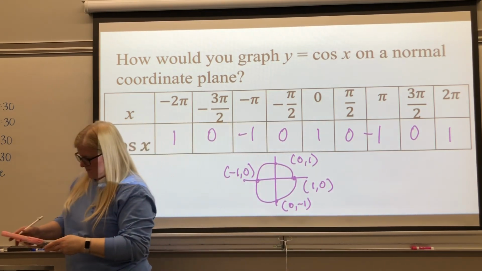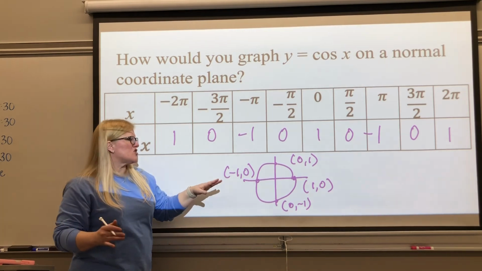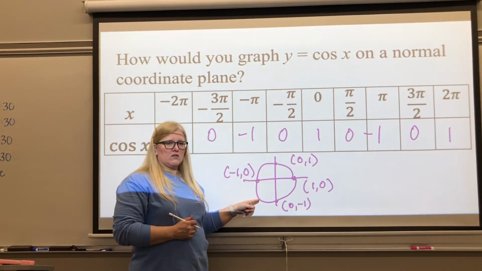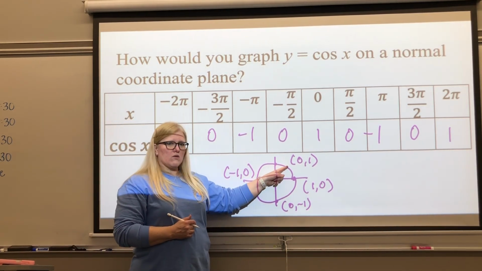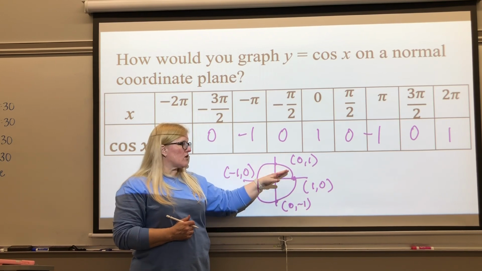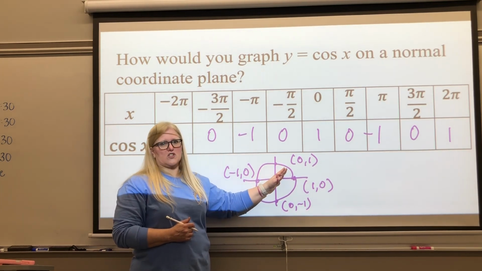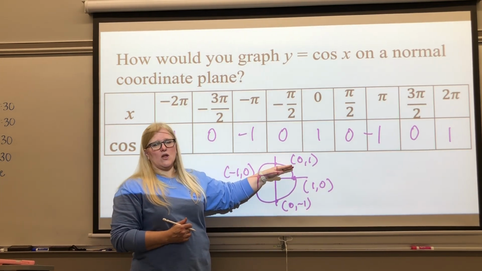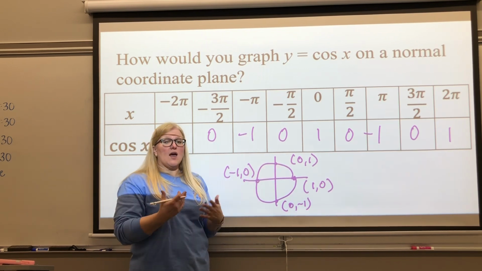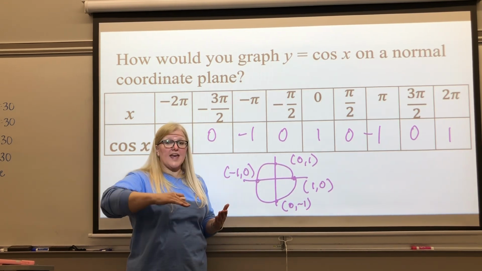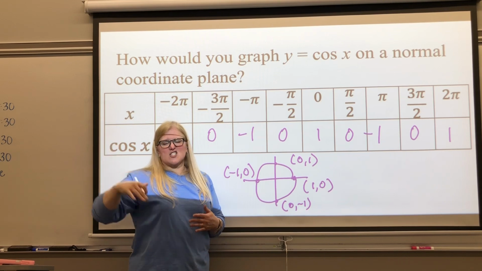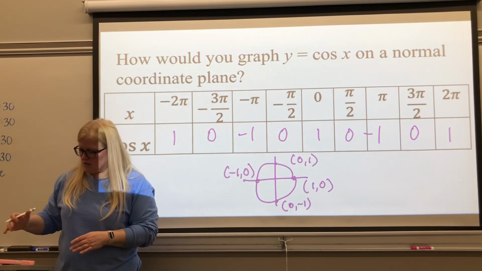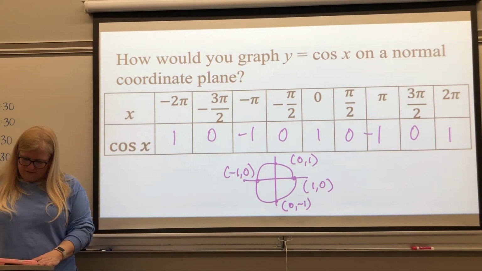I mean, we could do pi over 4. We could do pi over 3, and we could get root 2 over 2, and we could get 1/2 and root 3 over 2. We could plot those too, and they would end up on the curve. It's just these are easier to graph.